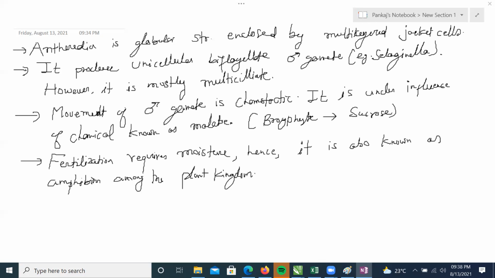And in the third point, movement of gamete is chemotactic. Tactic is a word. We will discuss the word tactic. It is a technical term. We will discuss it in plant physiology. So just write down chemo, CHEMO, tactic.